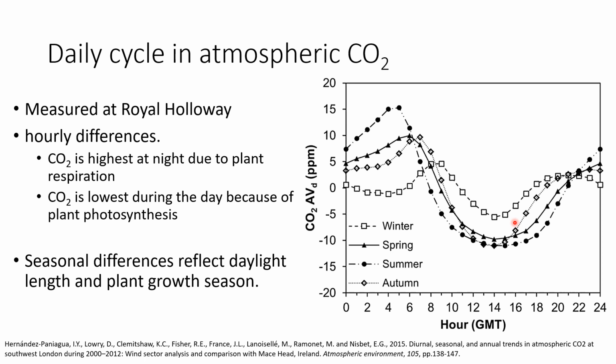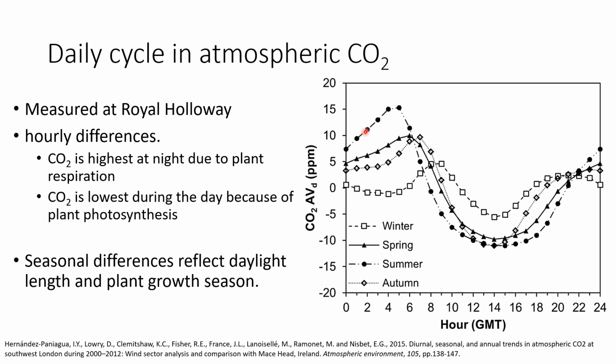And what we're seeing there is the movement, the transfer of carbon from the atmosphere to the biosphere during the day in the form of plant photosynthesis. So plants are taking carbon actively out of the air during the day, but at night their respiration is returning some of it back into the atmosphere. So we're seeing a daily transfer of CO2, of carbon, from one store to another.